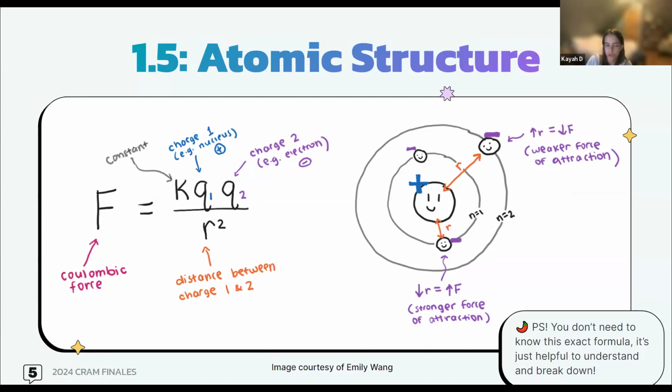So charge of electron 1, charge of electron 2, and the distance between these two charges. This will help you determine the force, and you don't need to know this exact formula. You don't have to memorize it. You don't have to worry. It just helps to illustrate that the further you are from the nucleus, the weaker the force of attraction is. Okay, so that's something really important because it comes into play with a lot of the topics.